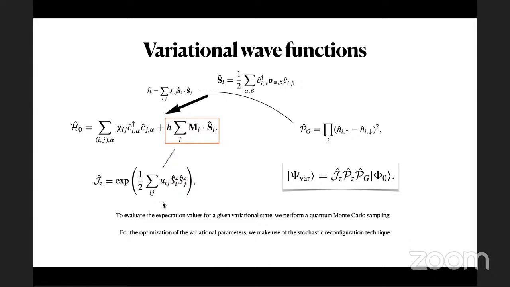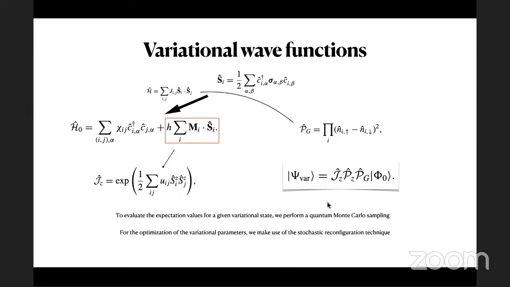This is actually the key ingredient which leads to the generation of long-range magnetic order, where these U's are the pseudo-potentials which are optimized within the Monte Carlo scheme. So your legitimate variational wave function is the mean field ground state of this quadratic Hamiltonian, acted upon by the Gutzwiller projection, a projection onto the subspace of S_z equals 0, and the Jastrow factor.